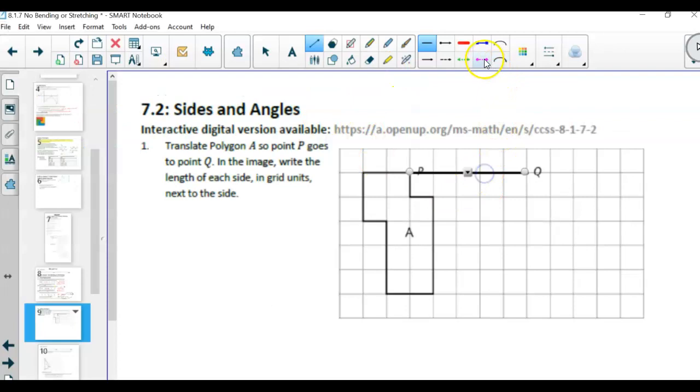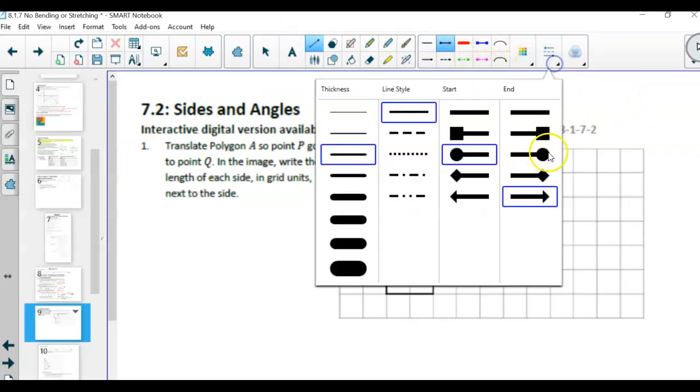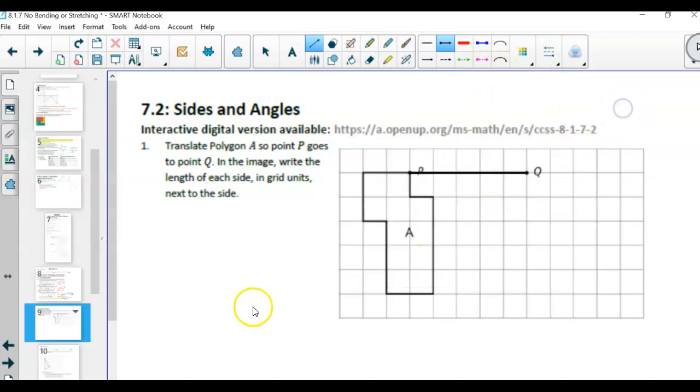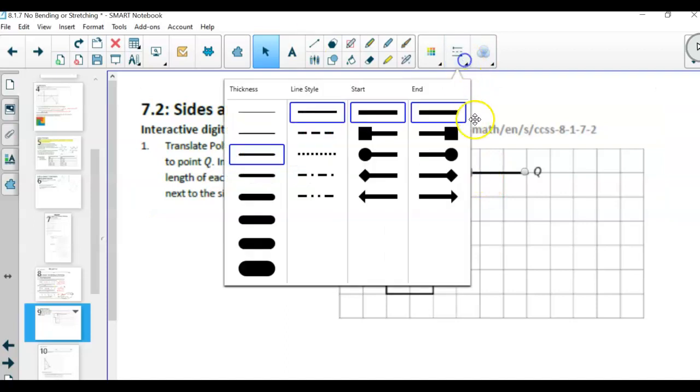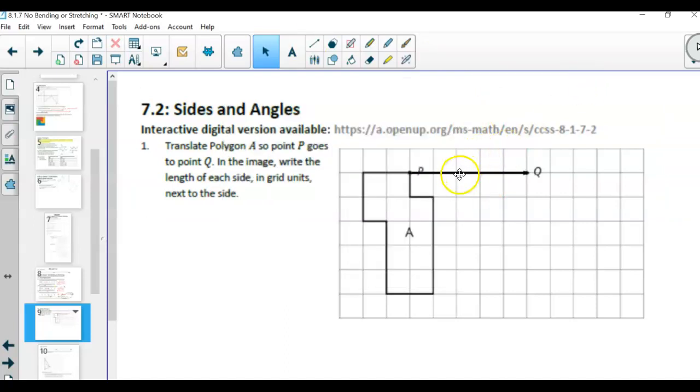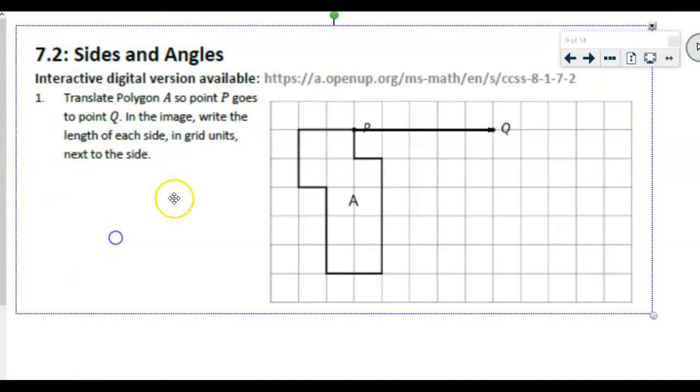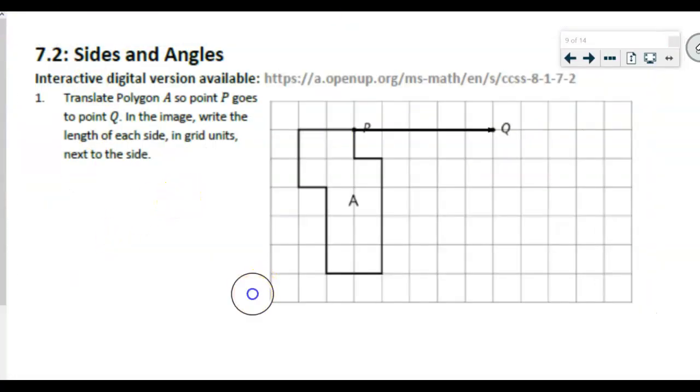I'm going to fix that so that it actually shows a vector instead of just a line segment. Nope, that didn't work out. Let me try that again. Because translations are defined by vectors. Vectors show both magnitude and direction.